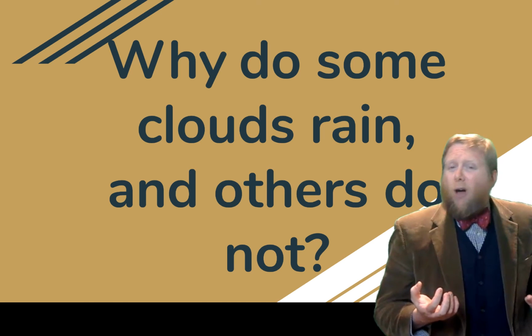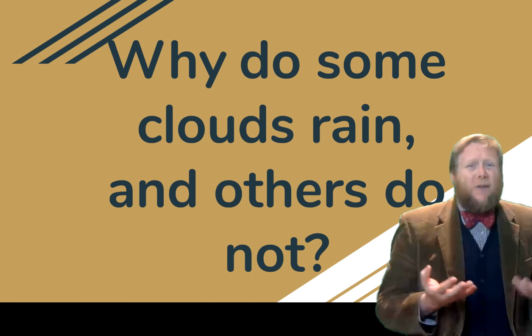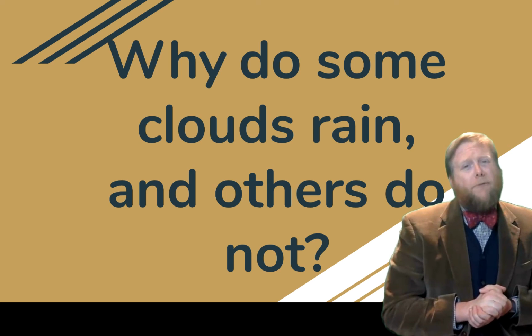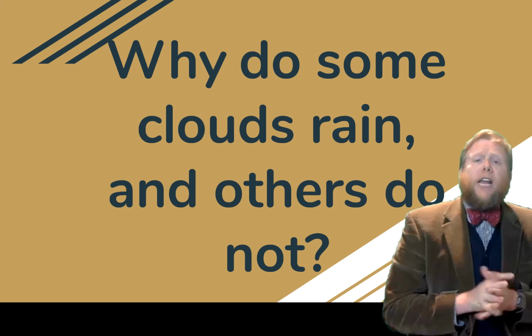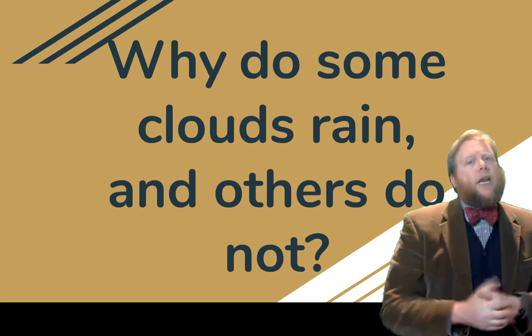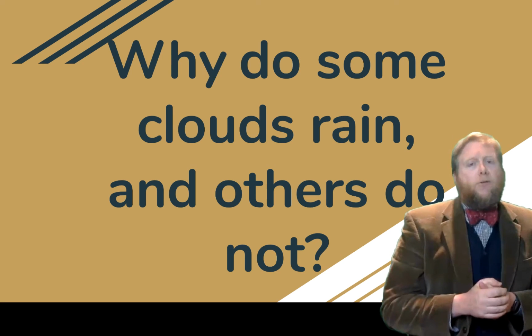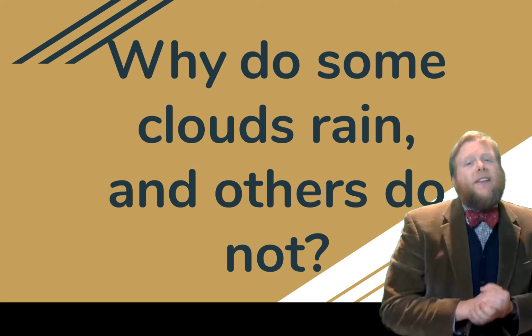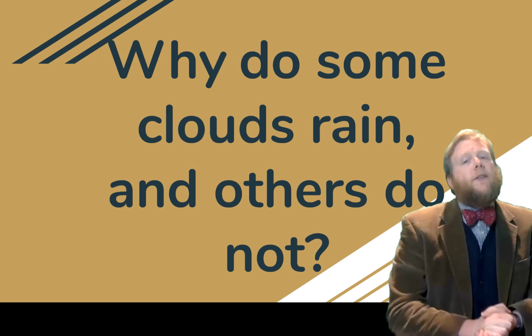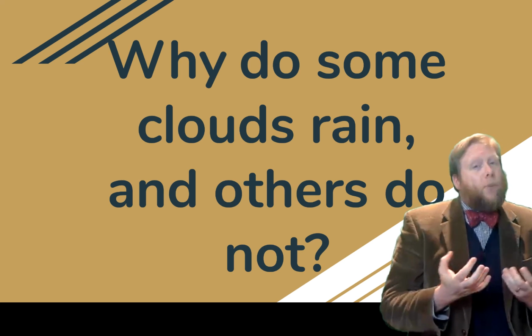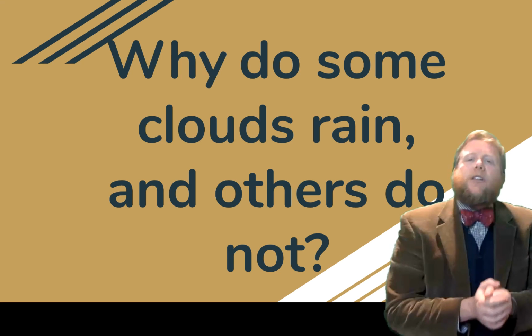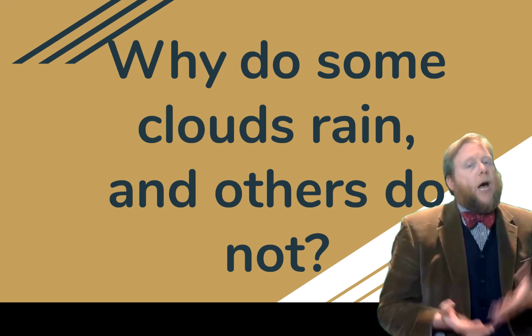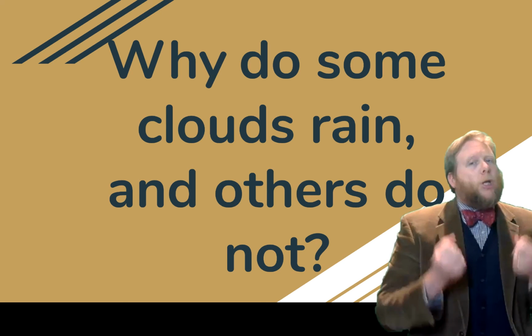If there isn't a lot of energy being transferred out, meaning their temperatures are pretty close to each other, you might get enough condensation to get a cloud, but you're not going to get enough rain. So, why do some clouds rain and others don't? It depends on the temperature difference, the changes in the temperature, or put it another way, the amount of energy that's going to be transferred out. Lots of energy being transferred out, lots of condensation, lots of rain.